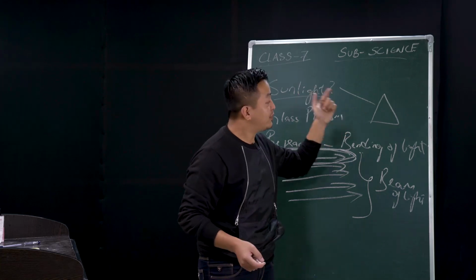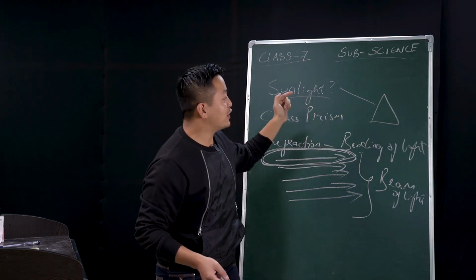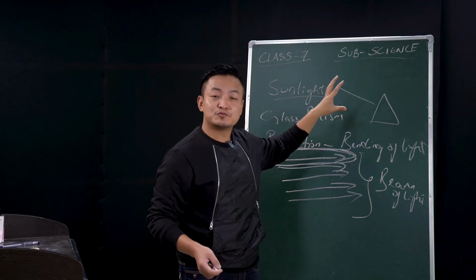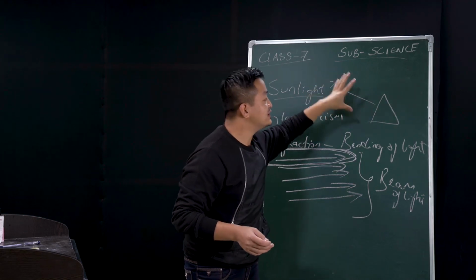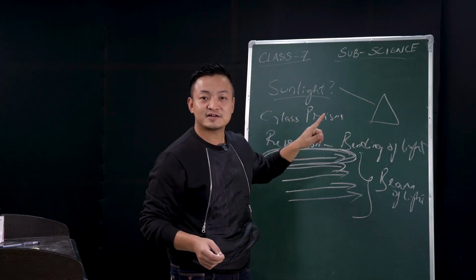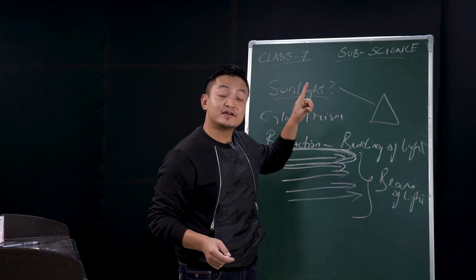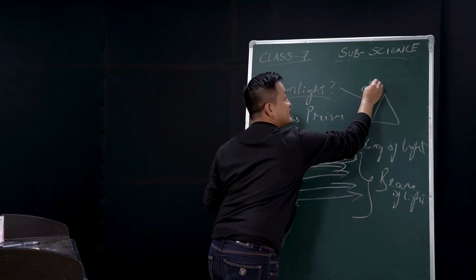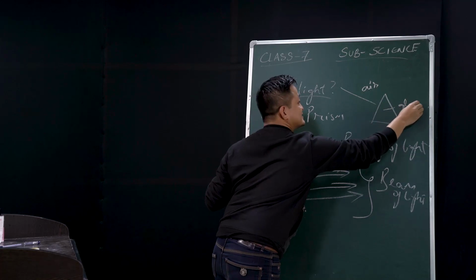But now you have to know, will the speed of light be faster in the air or in the glass? The speed of light will be faster in the air. So this is air and this is glass.